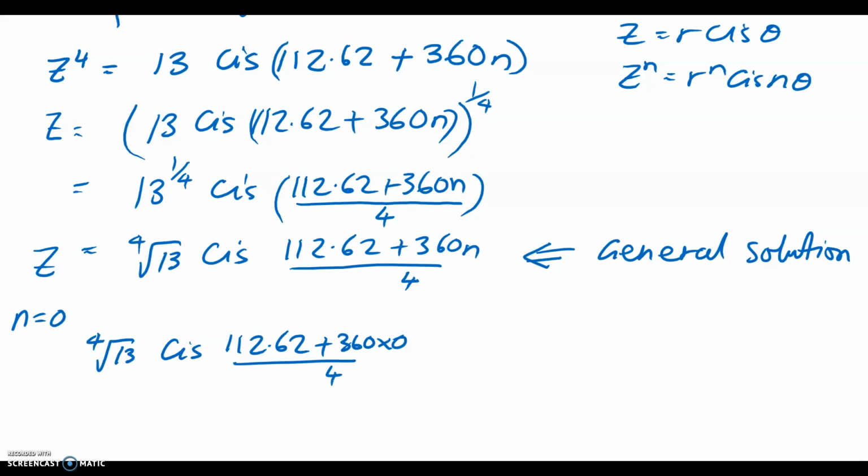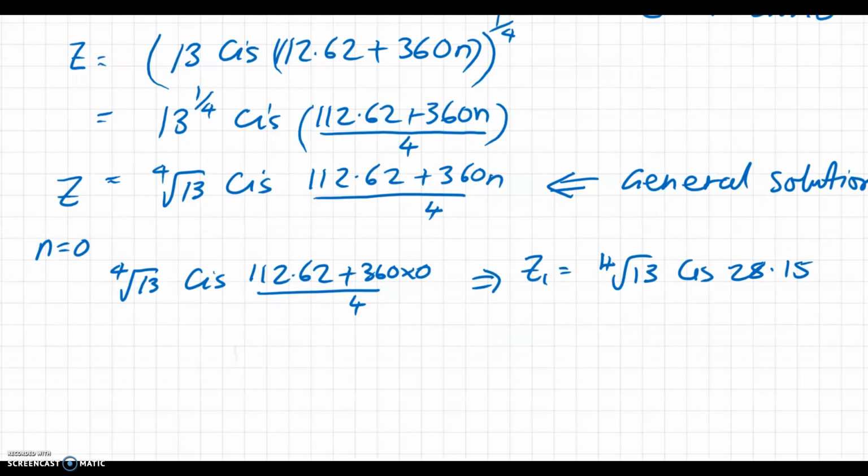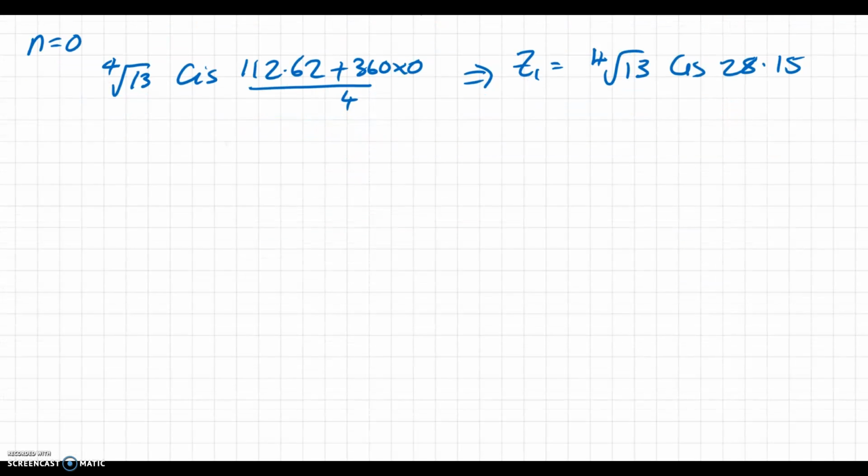So that gives us our z1, which is the fourth root of 13 cis 28.15. Let me just write that a bit clearer. Okay, so now let's work out what the other roots are.